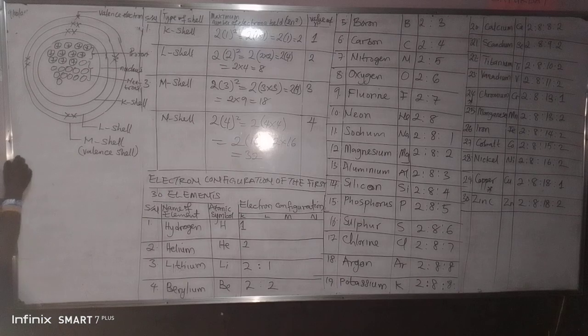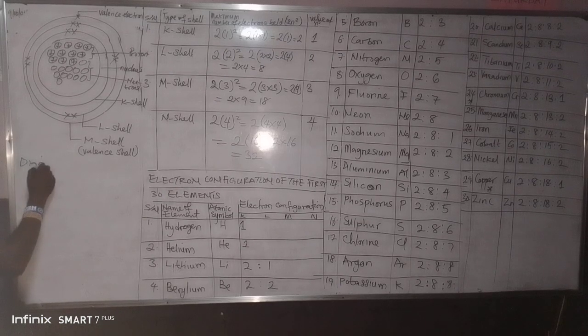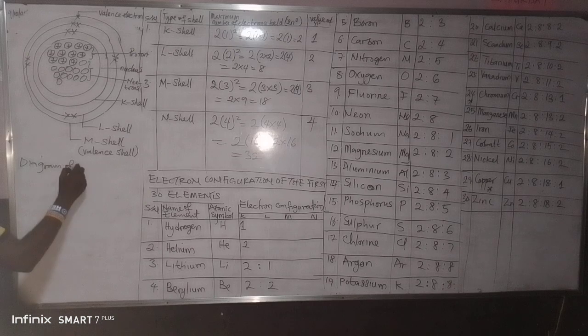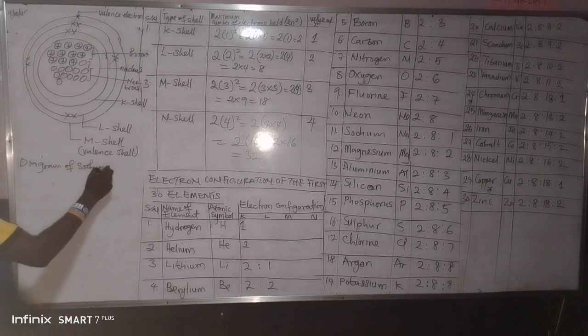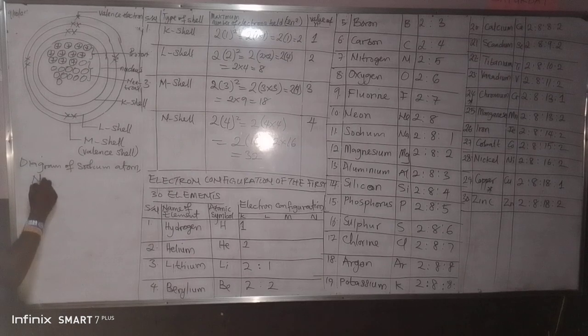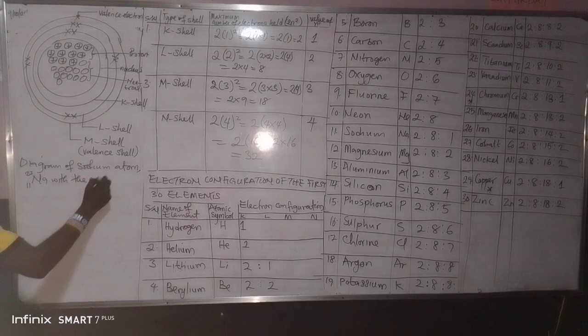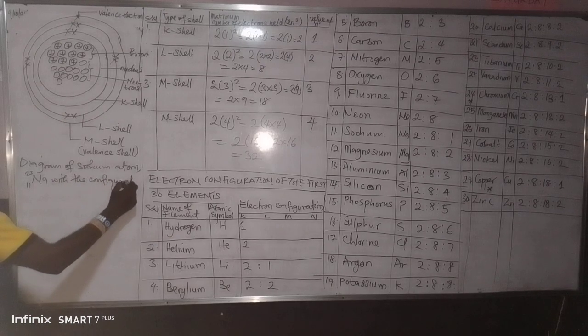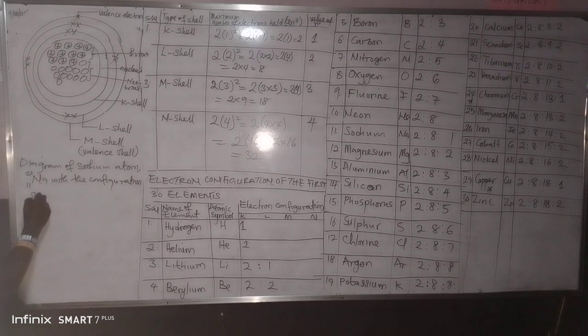So what we have here is the diagram of the sodium atom, Na, 11, 23, with the configuration 2, 8, 1. So that is what you have there.